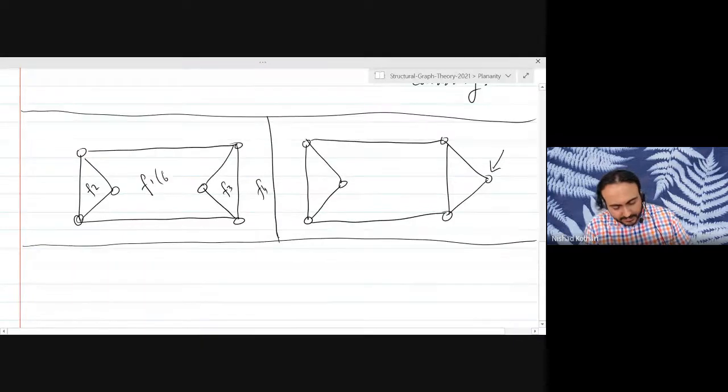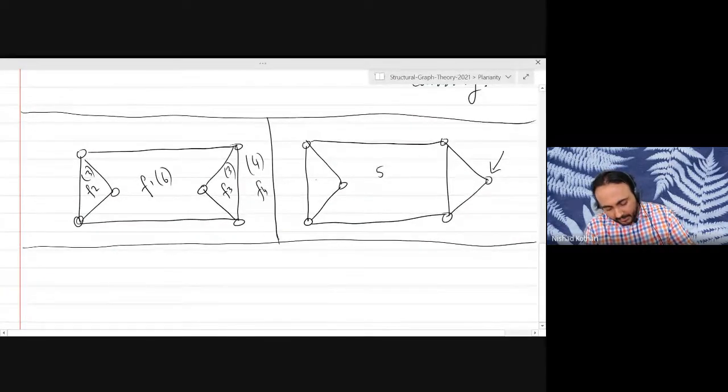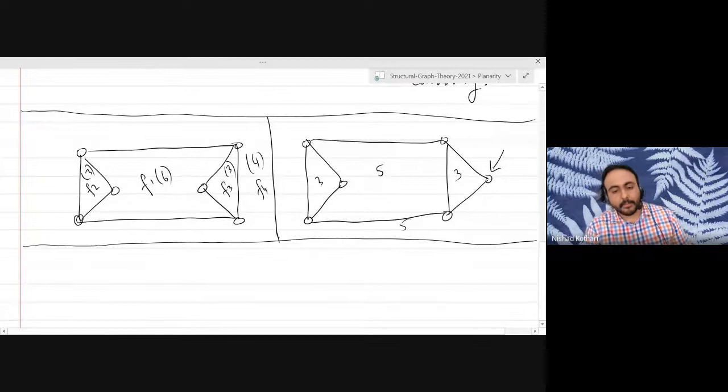This face has length 6, these two faces have length 3 because they are bounded by triangles, and the last face has length 4. Whereas in the second drawing, there are faces of length 5, 3, 3, and 5. If you look at the lengths of the faces, instead of getting 3, 3, 4, 6, you get 3, 3, 5, 5.